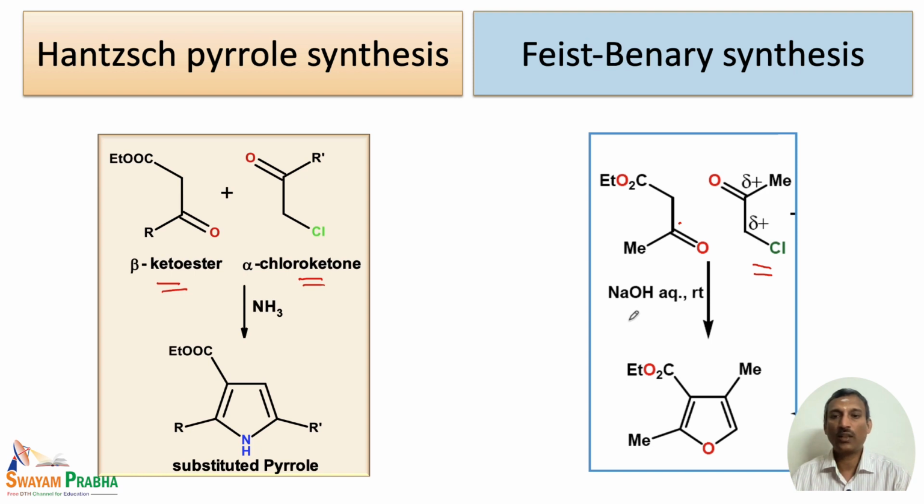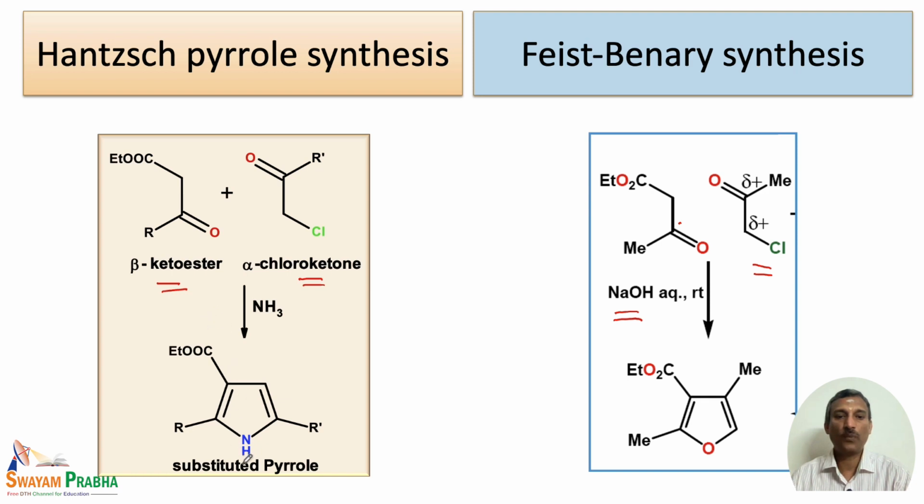So, how does the reaction actually proceed? The reagent is a very crucial one. In the case of Feist-Benary synthesis, we are actually using sodium hydroxide, that is, a Knoevenagel type condensation actually happens in the Feist-Benary synthesis, but in the case of Hantzsch pyrrole synthesis, the reaction steps are quite different.